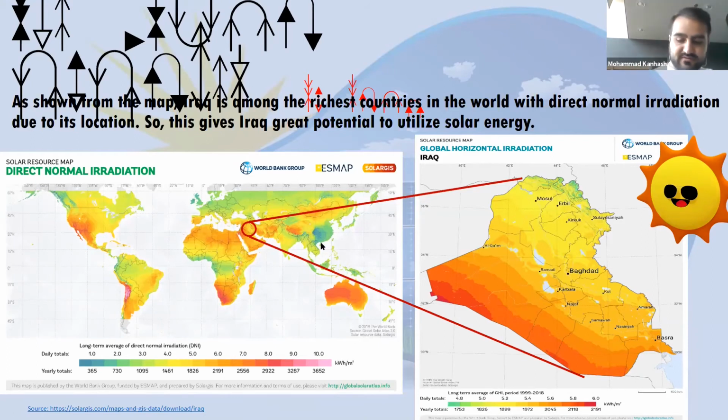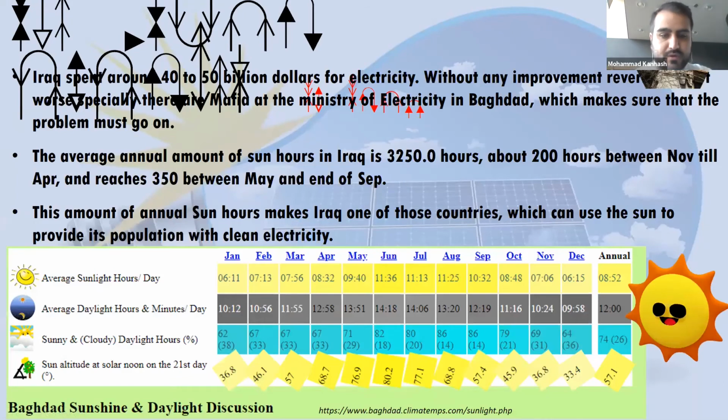Can you give me the next slide, please? So now we see here, Iraq has a potential of over 3,250 hours of sunshine over the year, which is a huge amount of sunshine, actually, because if we compare it to Austria, where I live and some of you are living, we are talking about 200 hours a month.